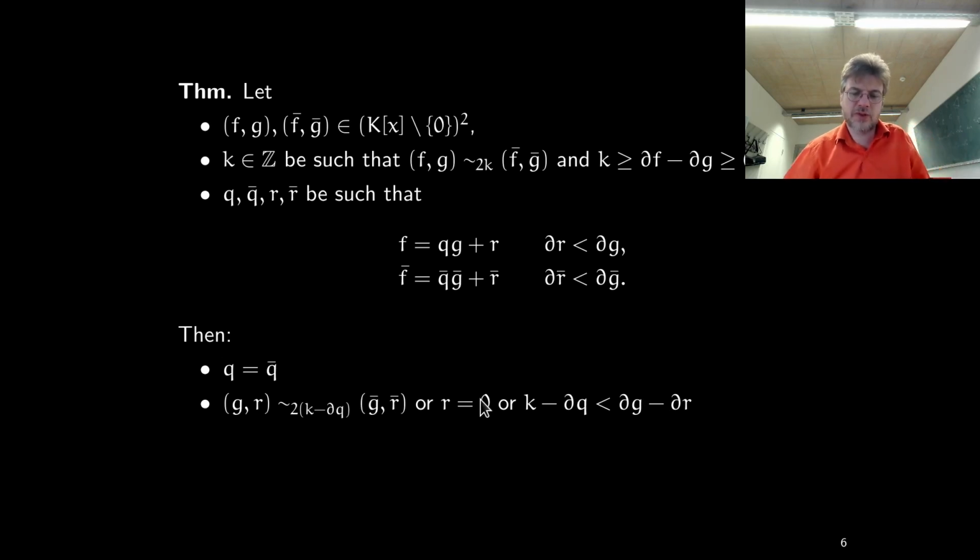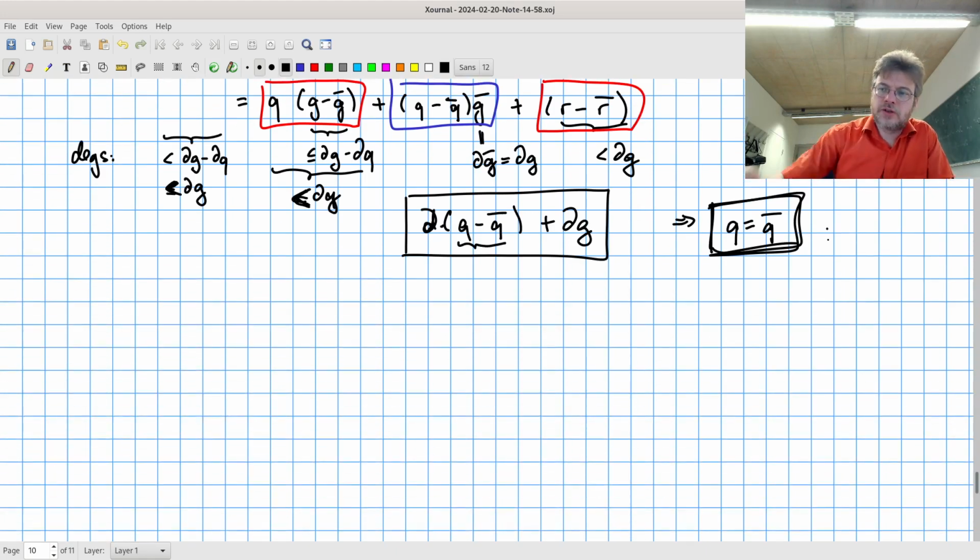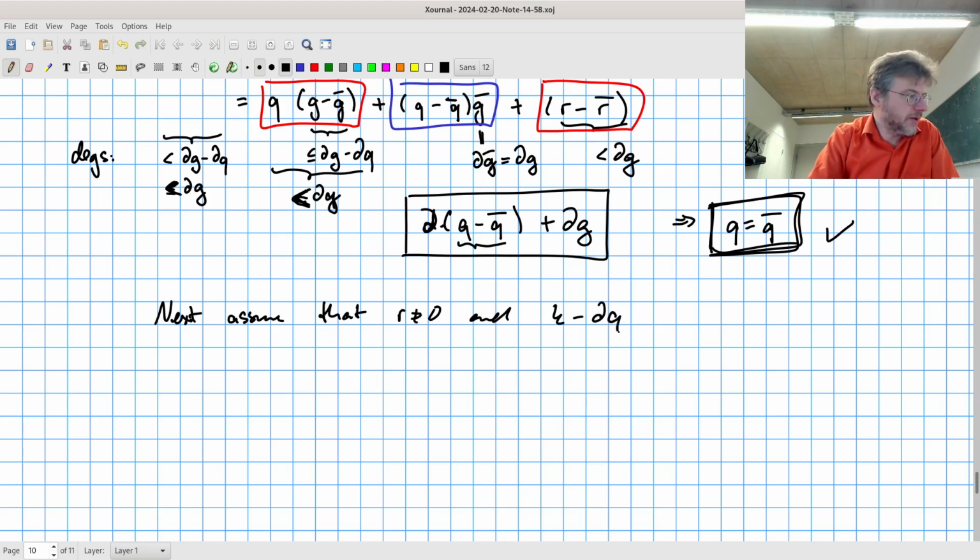So let's assume that this is not true and this is not true. So this is okay. And now next assume that r is not 0 and that k minus the degree of q is at least the degree of g minus the degree of r.